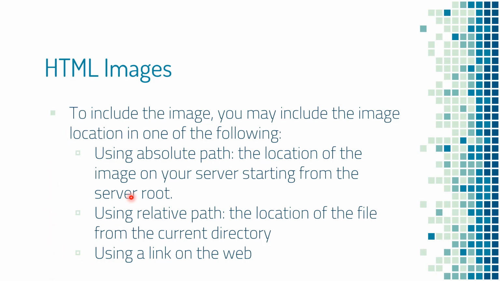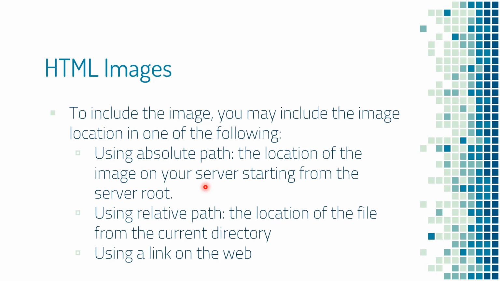There are three ways that we can write src. The first one is using an absolute path, which is the location of the image on your server starting from the root. As you may recall from the second module, when we talked about there being a specific storage area for any web server, we call this specific area the root.